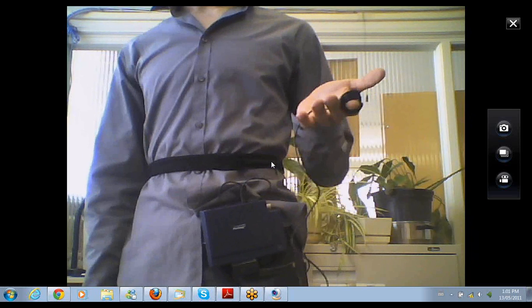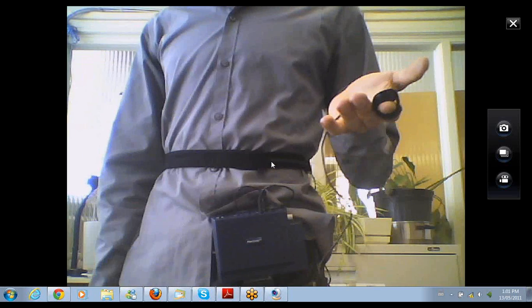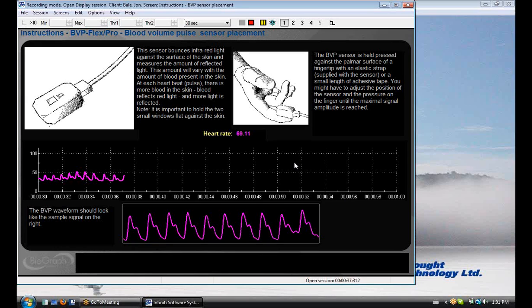And now, if we look at John, we'll see that he's recording the session, and he has recorded some BVP signal using the sensor exactly the way that we see on the illustration and as we saw on Dawood's finger. And as the signal goes across the screen, John can switch to a second display screen, number 2.